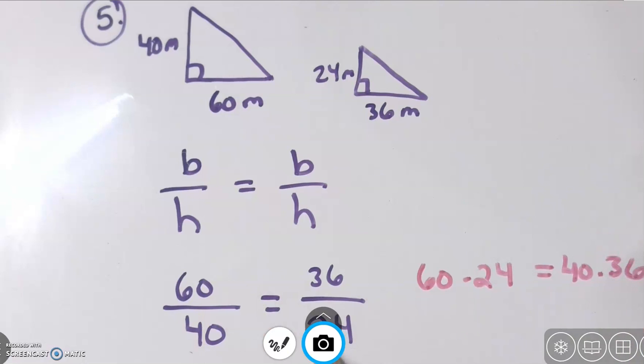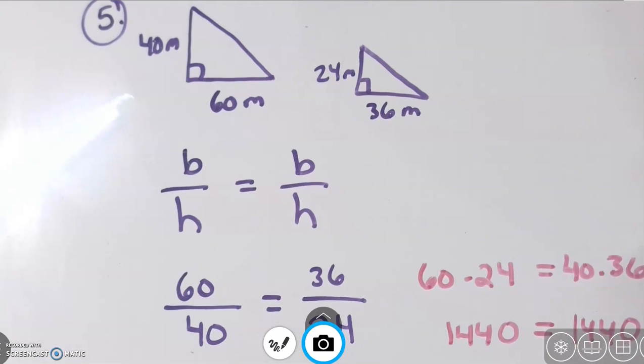When we multiply these out, 60 times 24 equals 1,440, and 40 times 36 also equals 1,440.